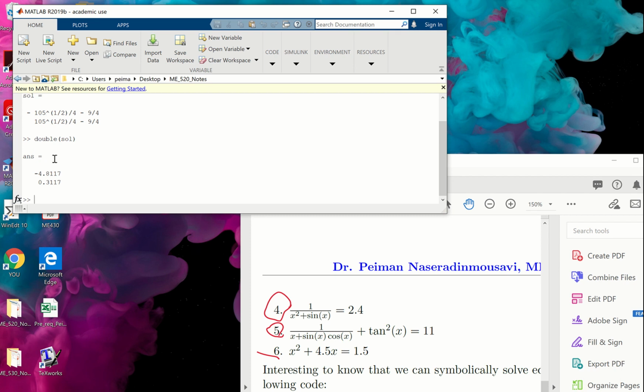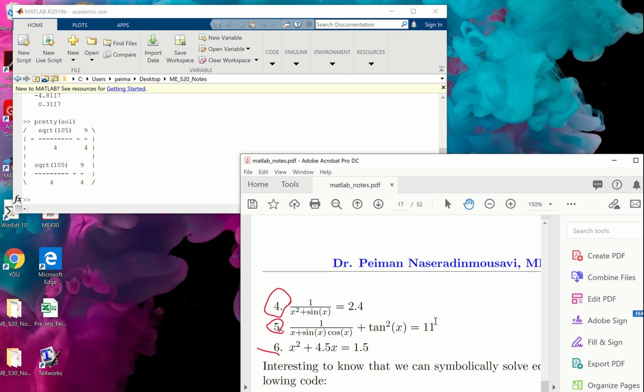It gives you the final answer. So double, gonna write like this. So pretty sol gives you this, this is how you write by your hand. That's right. This is a very important command in Matlab.